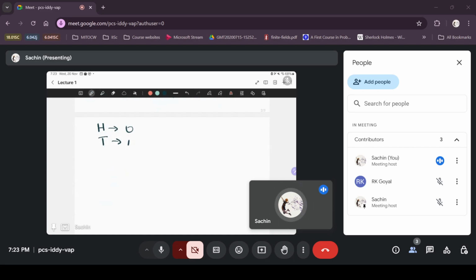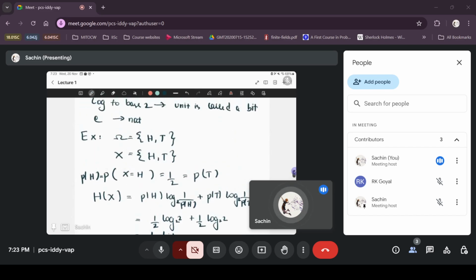Okay. Let's say instead of a coin toss, you have a four-sided die, so a tetrahedral die, and the outcome is the outcome on the top face or the bottom face of that die.